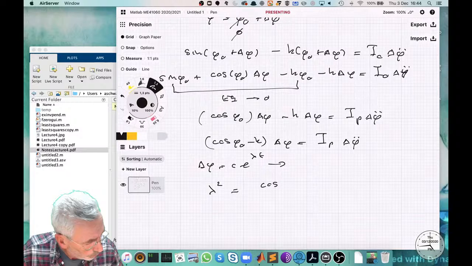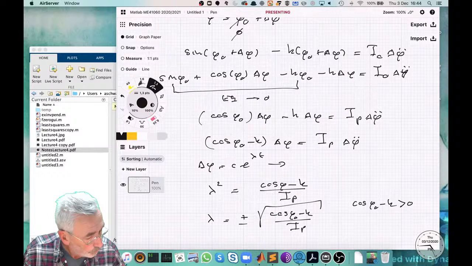Well, since you have plus and minus, you always have a plus. So if this cosine phi 0 minus k is positive, it's always unstable. But cosine phi 0 minus k can also be negative.